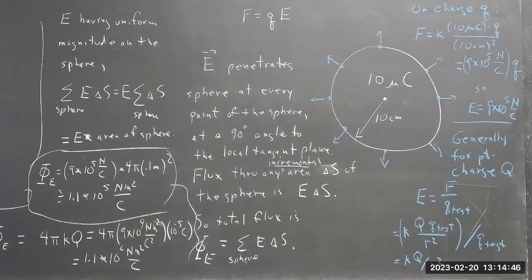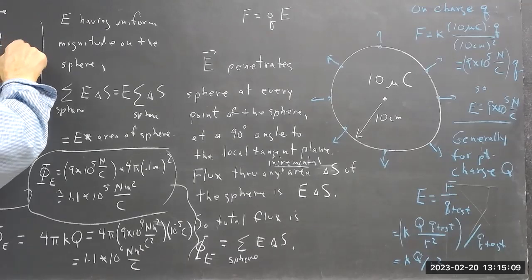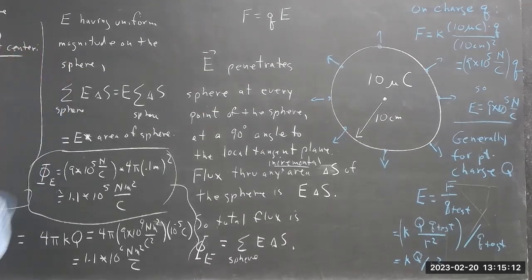Take a sphere of radius R. The field equals kQ over R squared, doesn't it?